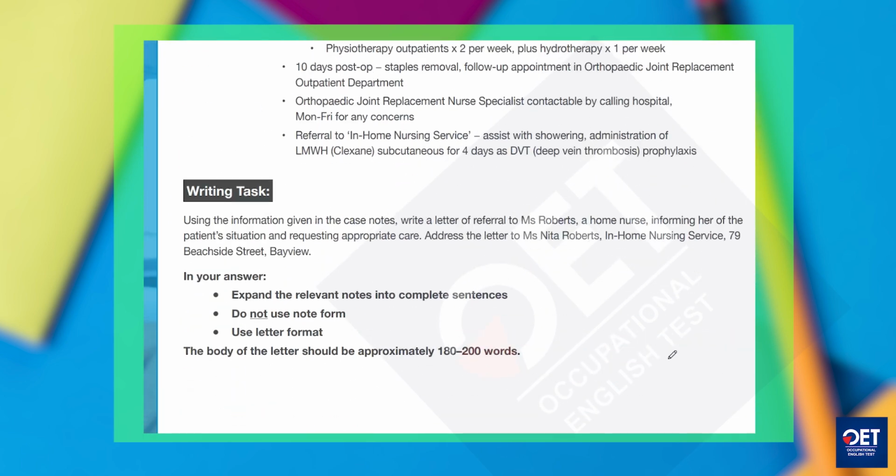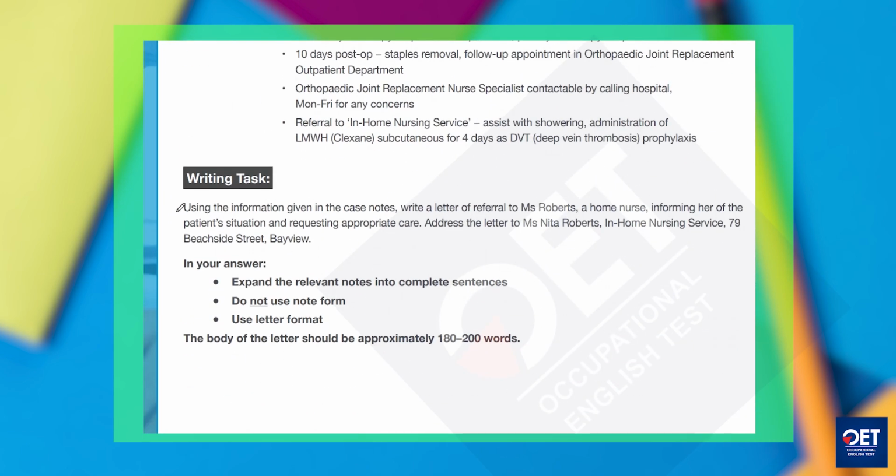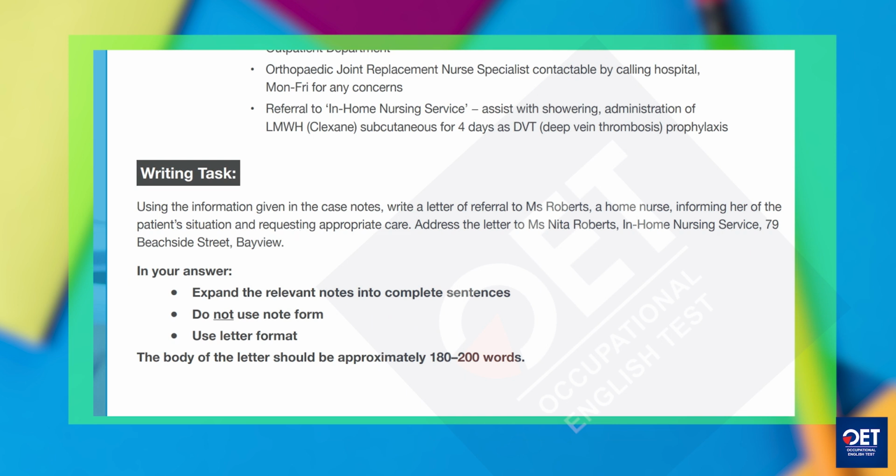What is the purpose of the letter and to whom are we writing the letter? Using the information given in the case notes, write a letter of referral to Miss Roberts, a home nurse, informing her about the patient's situation and requesting appropriate care.